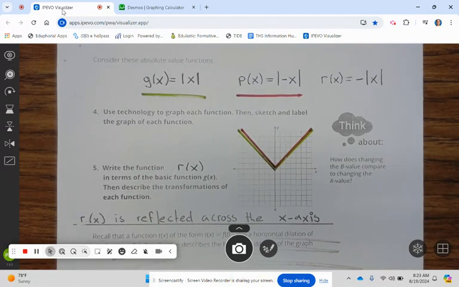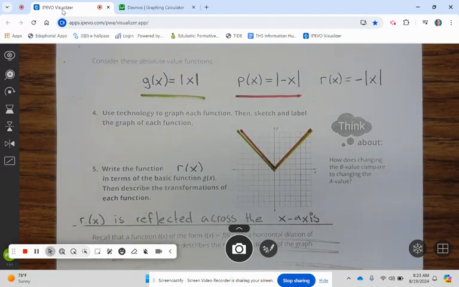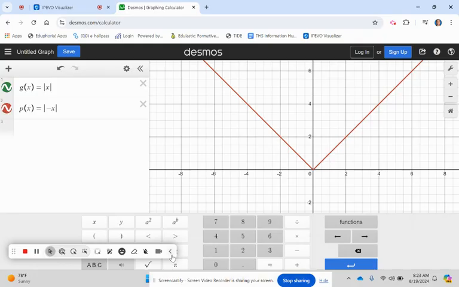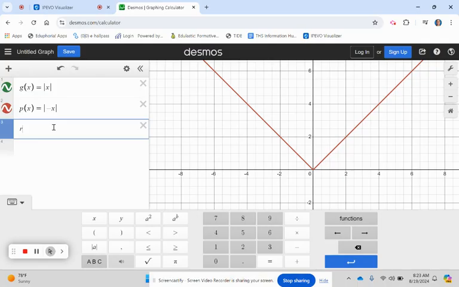Now let's take a look at r of x. We can graph that in blue.